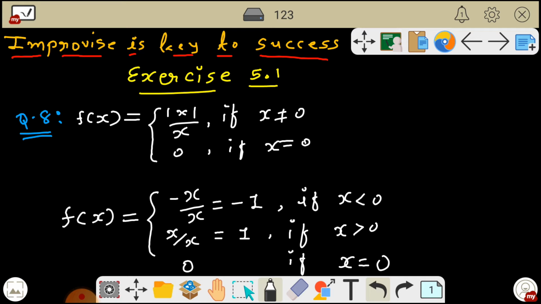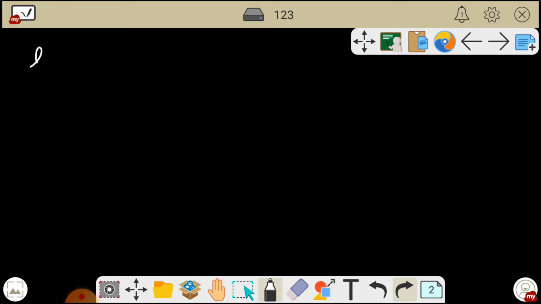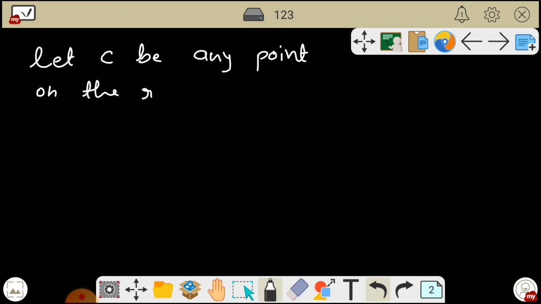Now the given function f of x is defined at all the points in the real line, right? So we can take any point C from the real line. Let C be any point on the real line.